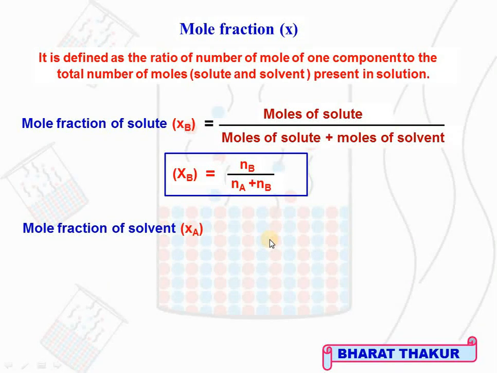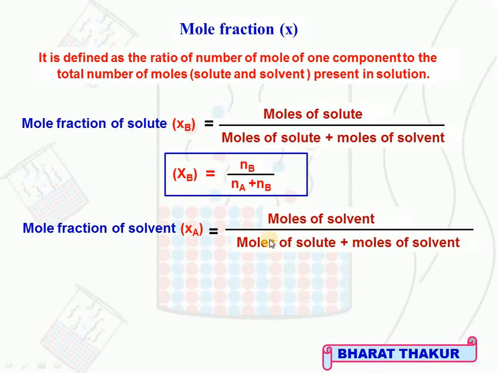Similarly, the mole fraction of solvent, represented by XA, can be written as moles of solvent divided by moles of solute plus moles of solvent. So see that when we calculate the mole fraction of solute, we have to take the moles of solute in the numerator and the total number of moles is always in the denominator.